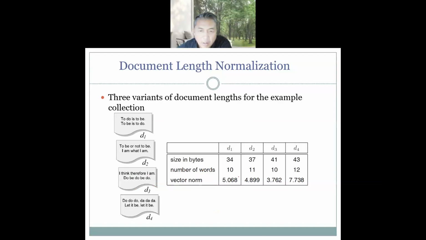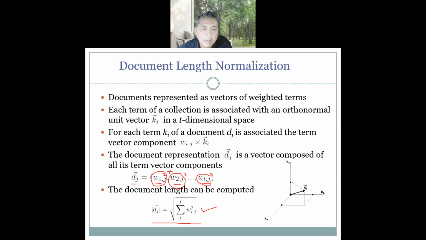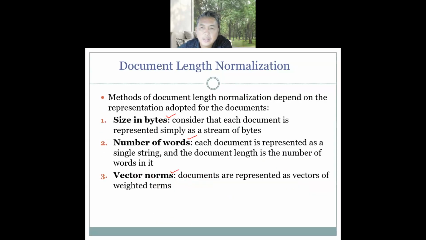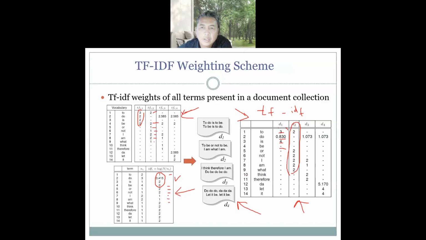Okay. So how do we use that? This is the value that we have for each of the documents. How do we get this one? For example, we have document one. The content of document one is this, 3 only.